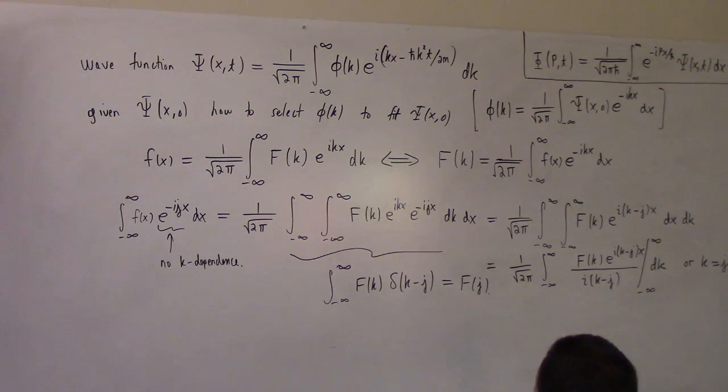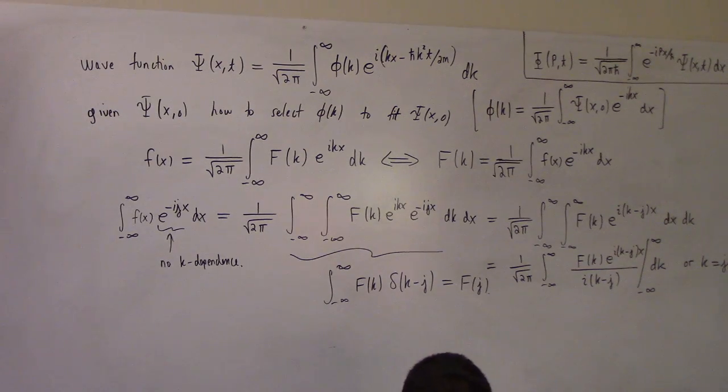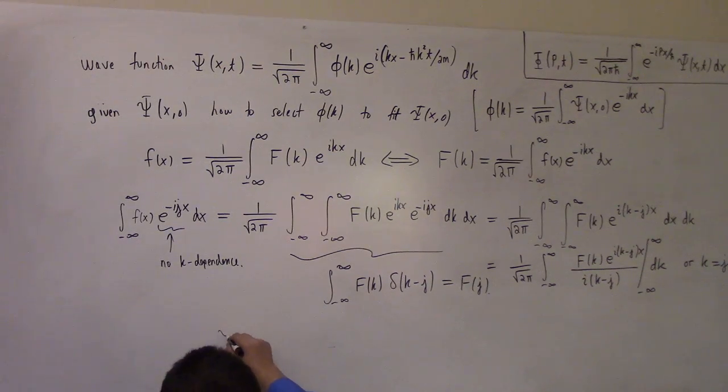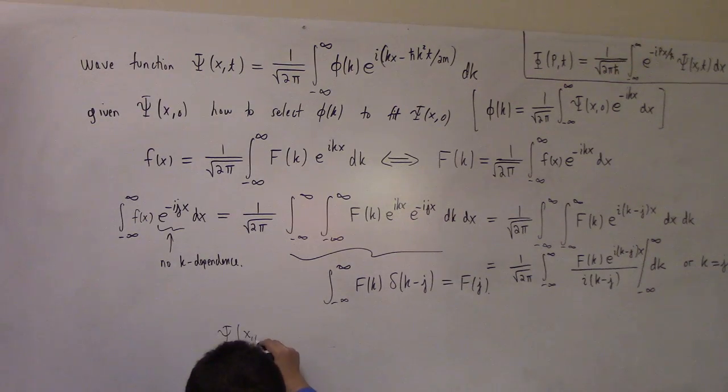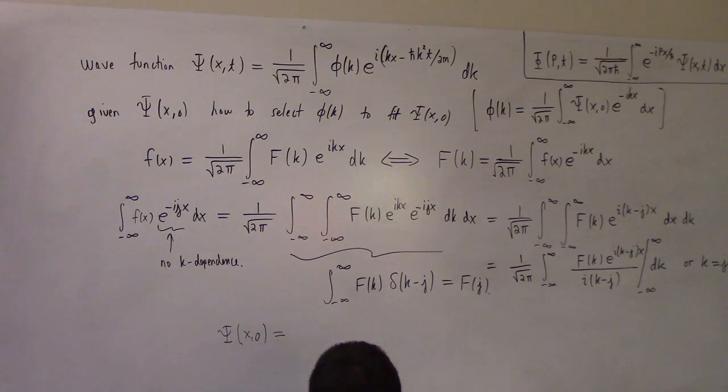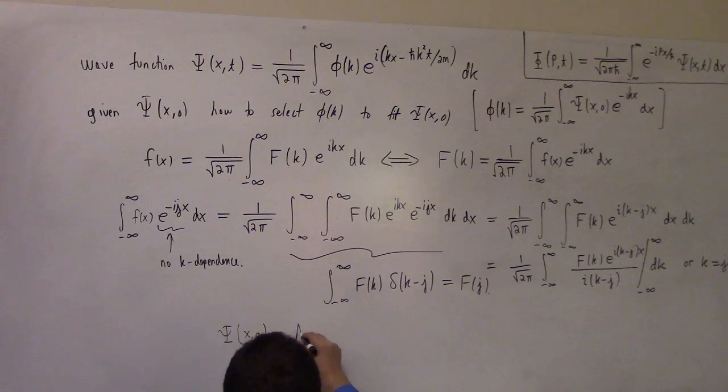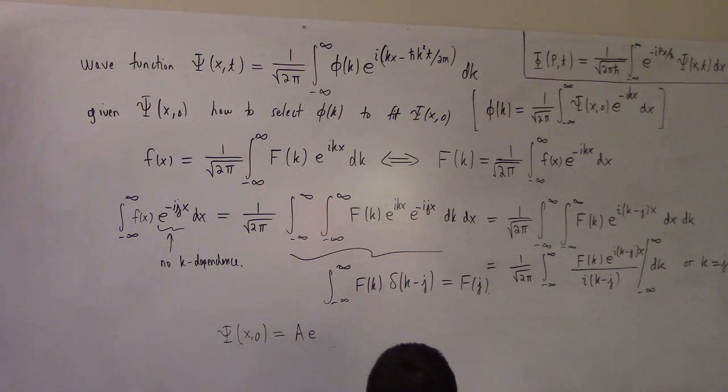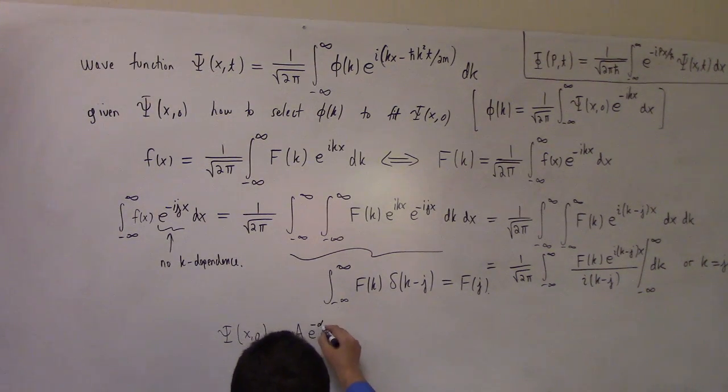Could we just run an example of transforming something? Yeah, I'm trying to find some. Sure. Let's try psi of x equal to A e to the minus alpha x squared.